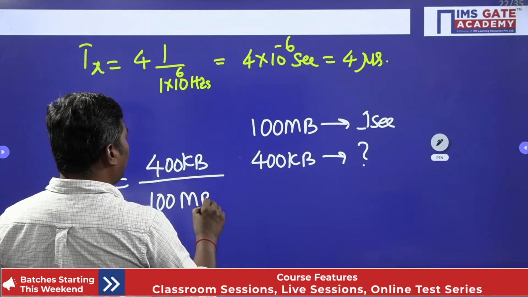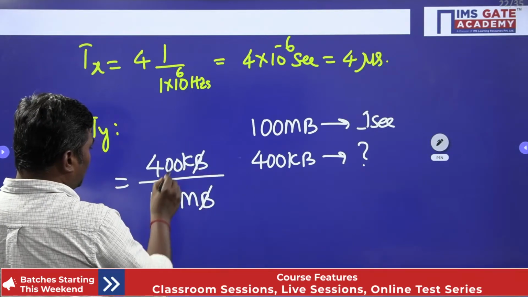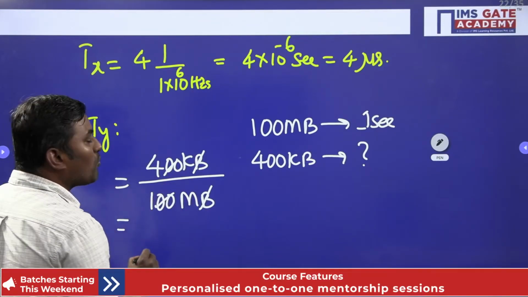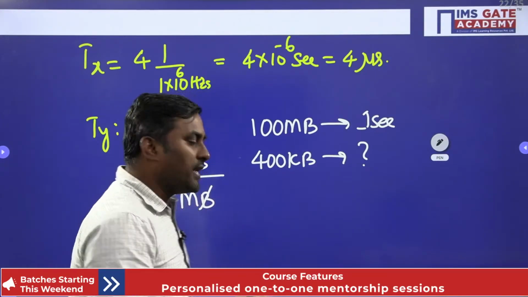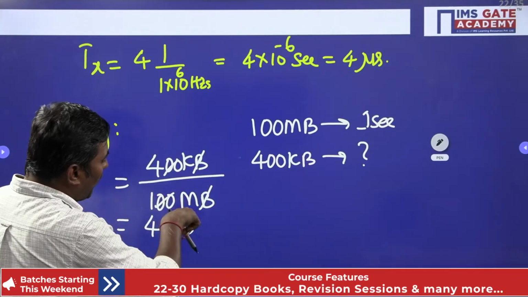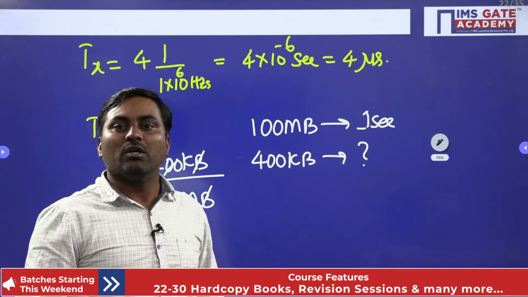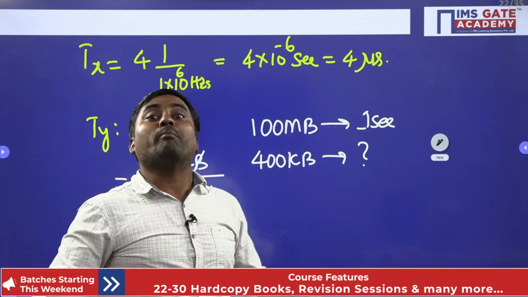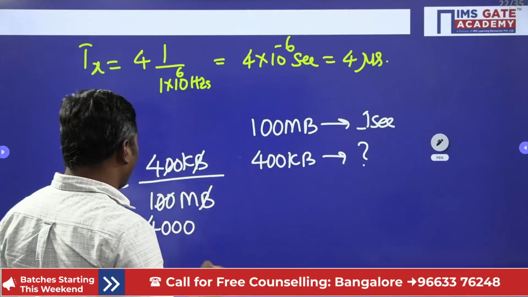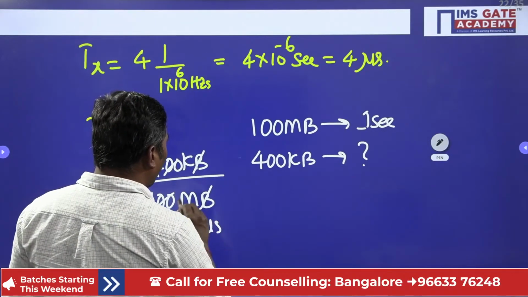The bytes cancel, the zeros cancel, and this becomes 4 K by M. 1K can be written as 1000, so 4000, and 1 by M is 10 power of minus 6 seconds, which is 1 microsecond. So this becomes 4000 microseconds.